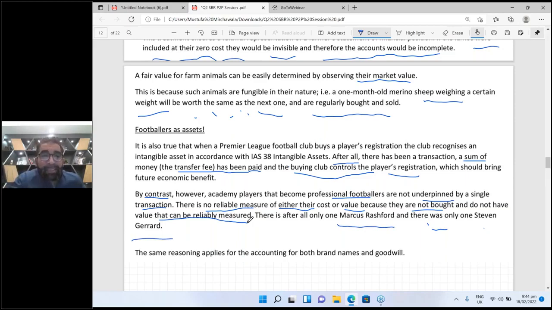Okay, now this is the reason. That's why if we get the players from our own academy, we don't capitalize, but if we buy players from the outside world, we capitalize. Now I am giving you the same logic with two names. One is purchase goodwill. Students, this is the right time to understand this concept. Many students at this professional level don't know the logic.